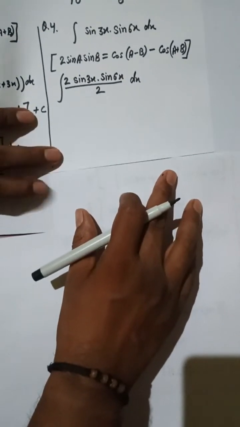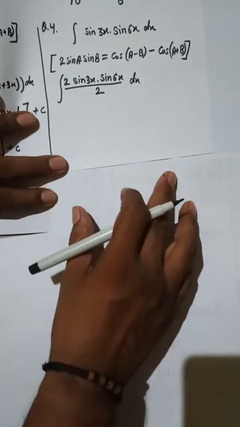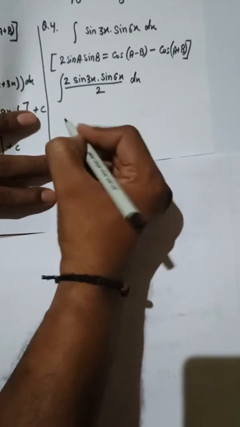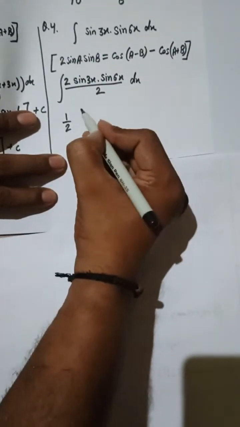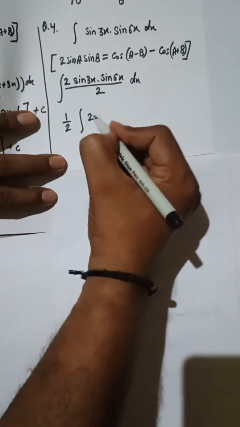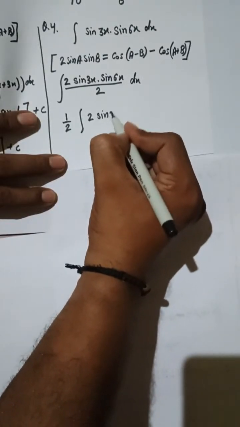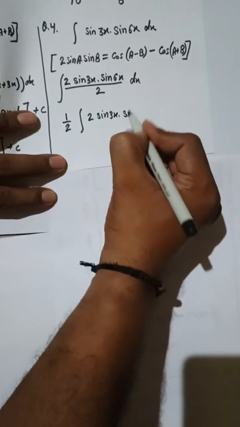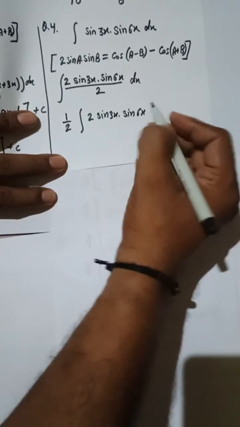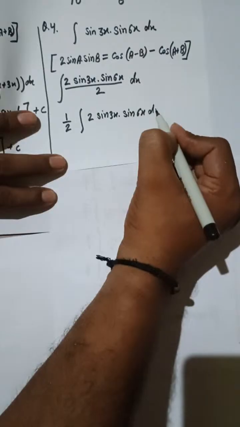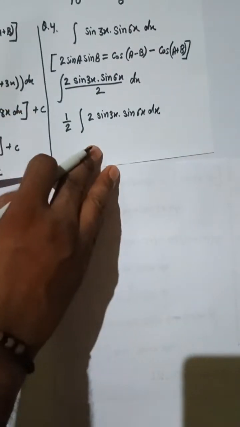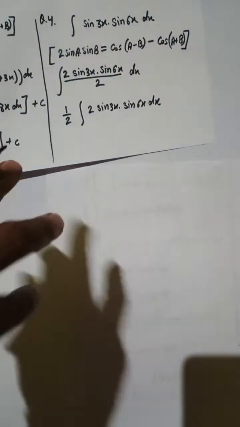So this one is clear. 1 by 2 is outside, and here I have 2 sin 3x into sin 6x dx. Do you have any doubt?